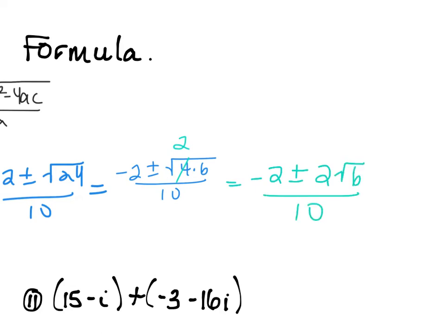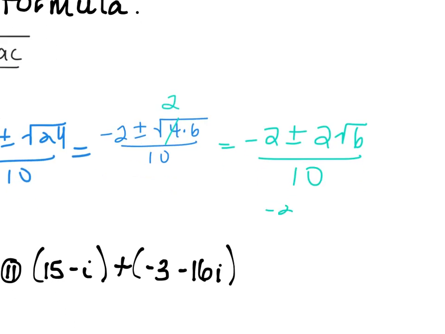Now at this point, we have to make sure we simplify. You can leave it like this and simplify from here. Or you can separate it just so you can see your whole simplification and then put it back together if you want to. But 2 goes into 10, yes? So this becomes negative 1 and this becomes 5. But you also have to remember that that 10 also simplifies into the other 2, so this becomes 1.